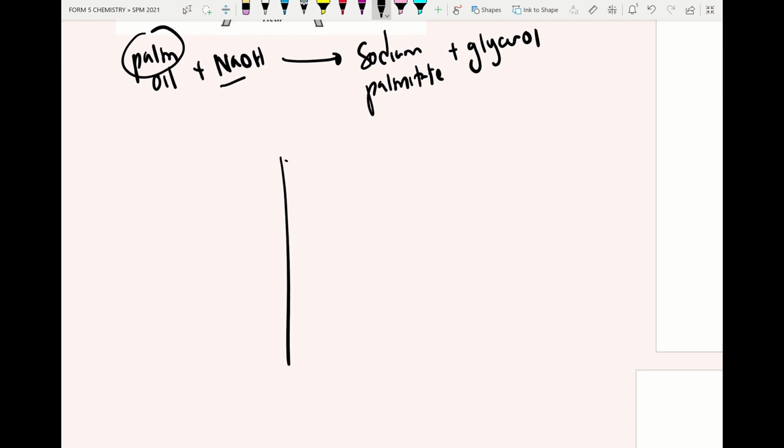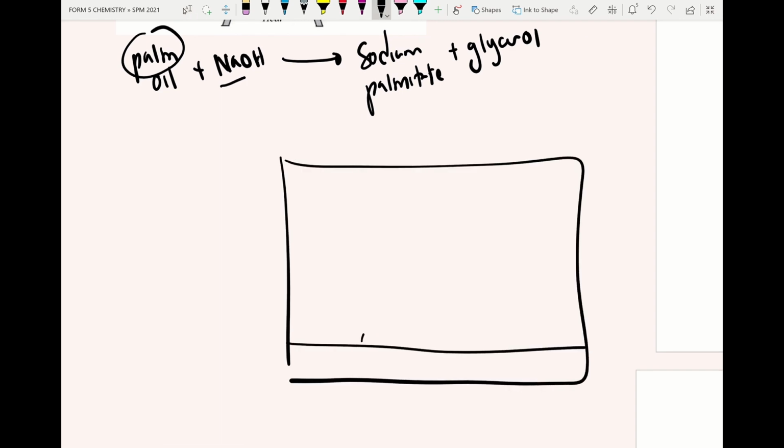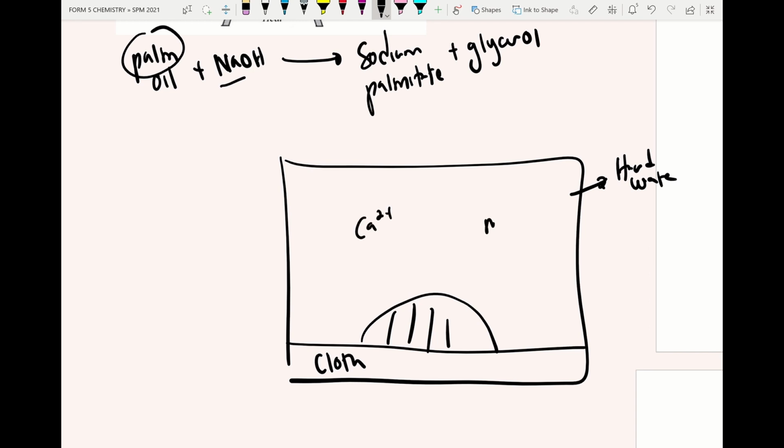If let's say here we have a cloth and this is grease, so I put here cloth, and this is grease, and this is hard water. Hard water contains a high concentration of calcium ion and magnesium ion. So the anion of soap will react with this ion and form insoluble salt.